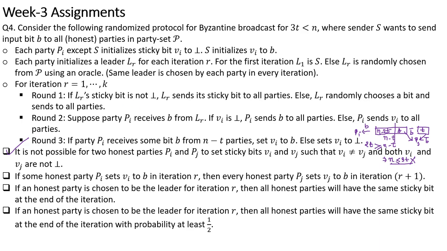Let's proceed with the second case where the leader has been chosen to be a party that has bot as the input. In that case, that party will randomly choose a bit B. So that bit can be either equal to B or equal to B complement. Let's say it chooses B complement. Now it will distribute B complement to all the parties.